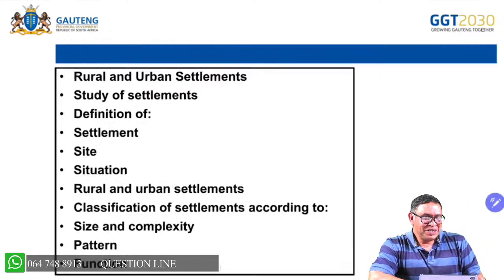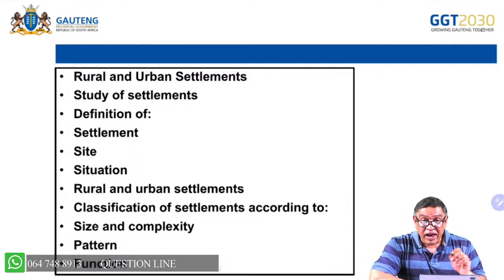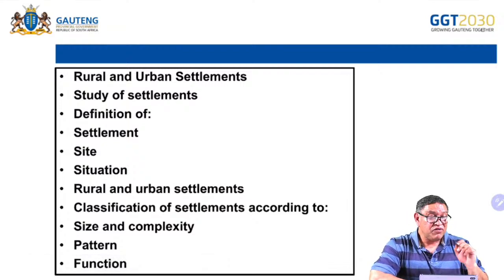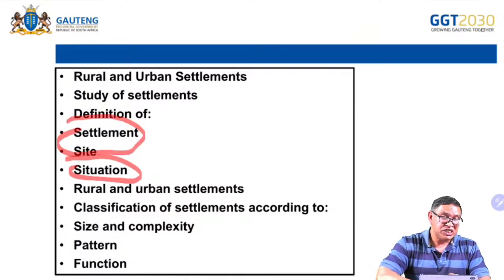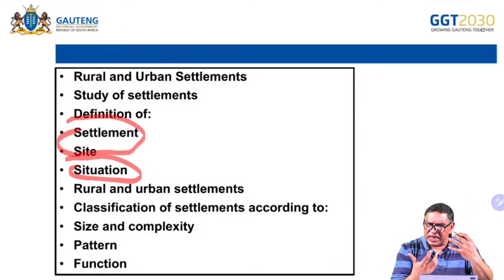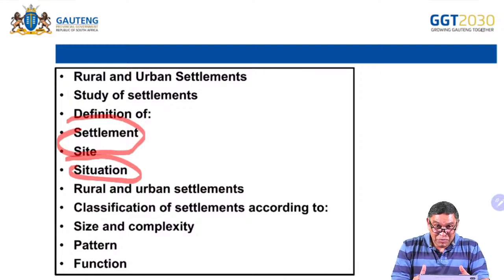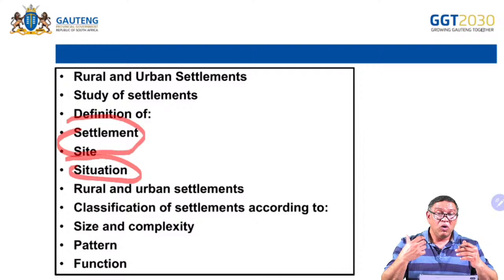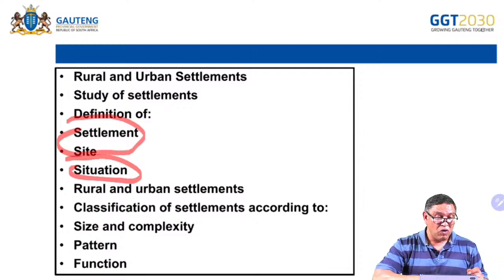Okay? So rural and urban settlements, here we have to start focusing. If you look at this, it talks about settlement and site, situation, you understand? And we need to identify the differences between them. Very important. Because if it's application, you could get a resource, and if you're not sure about the differences, you may put the wrong concept.